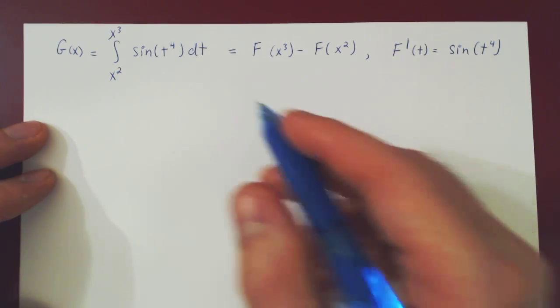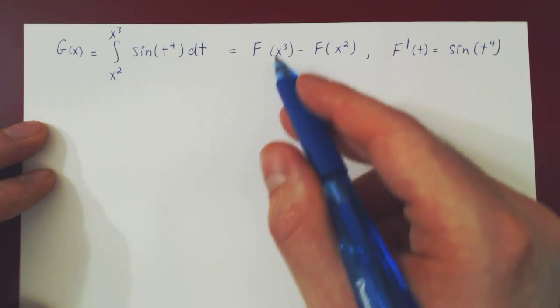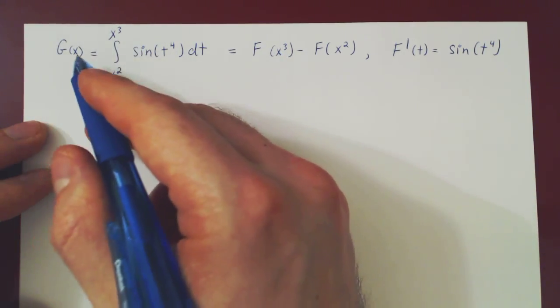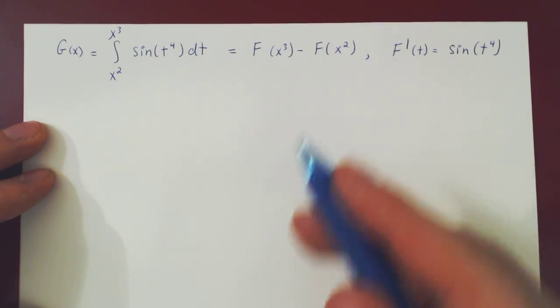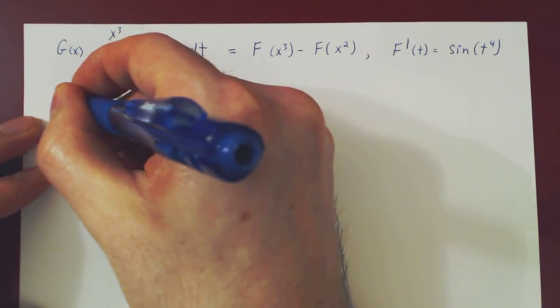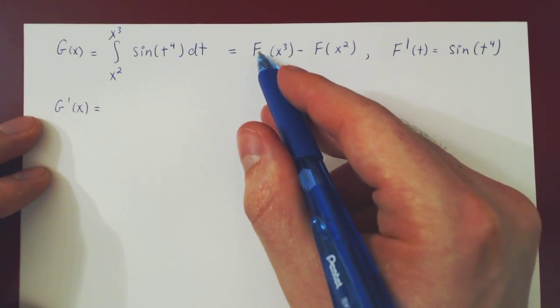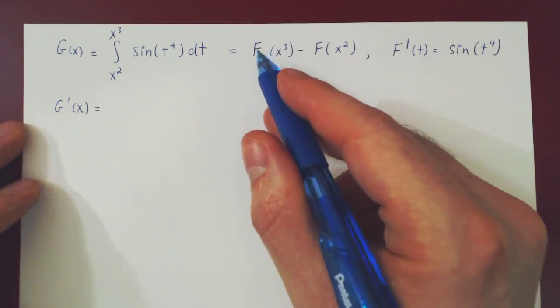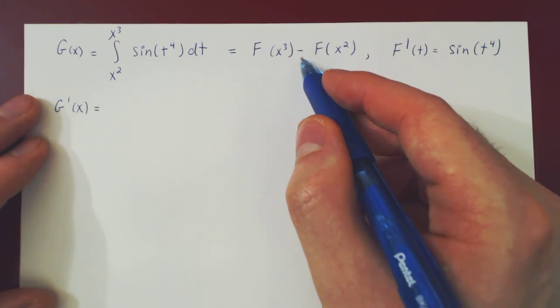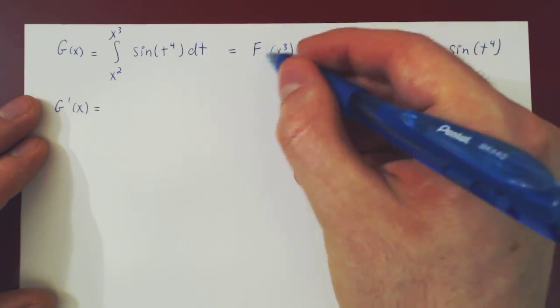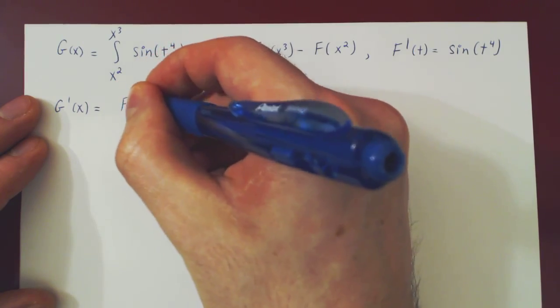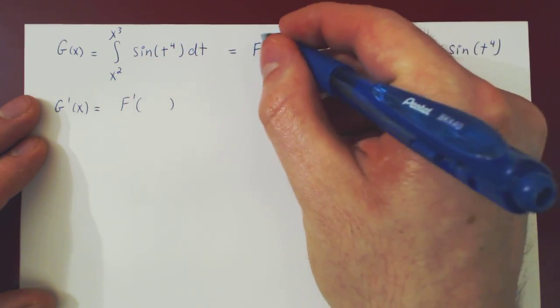Alright, now that we have this equality, we will find the derivative of g by differentiating this. So g prime of x equals the derivative of this. Chain rule, as we have a composition, F of x cubed minus F of x squared. So derivative of the outside, F prime of what? Of x cubed.